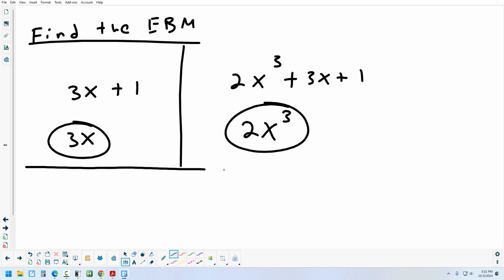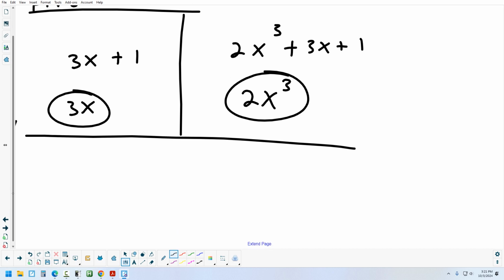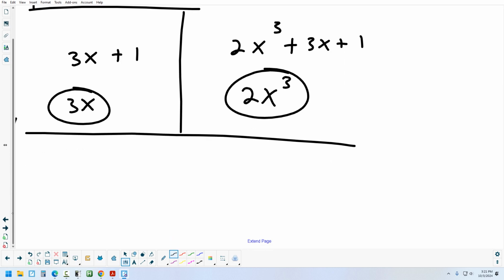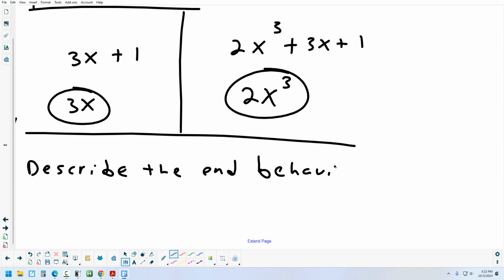Now, let's take something similar to that, and let's not only describe the EBM, but now the end behavior itself. Say you had negative 3x squared plus 2x minus 4.